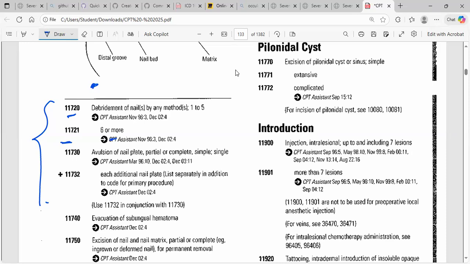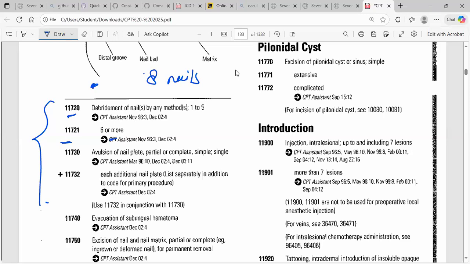Now I have a question for you. Let's say the doctor did the debridement on 8 nails. So what will be the code for 8 nails debridement? Do we have to use separate units? Yes, ma'am, separate units.